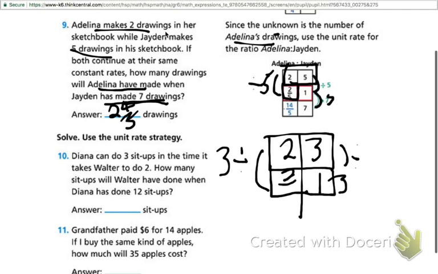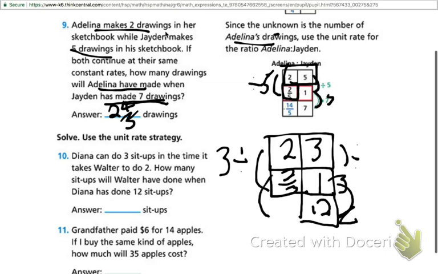That's 2/3. Okay, so we multiply this by 12.